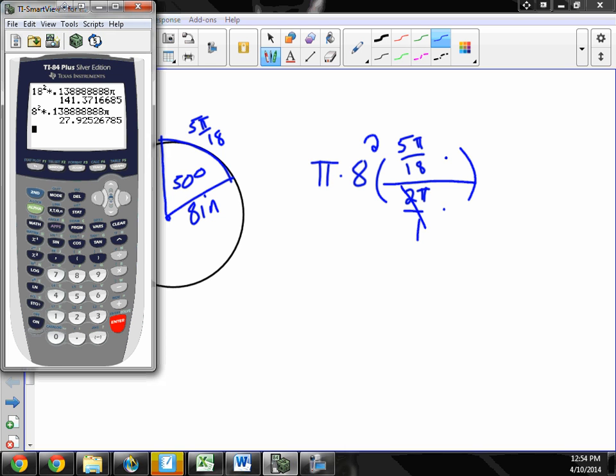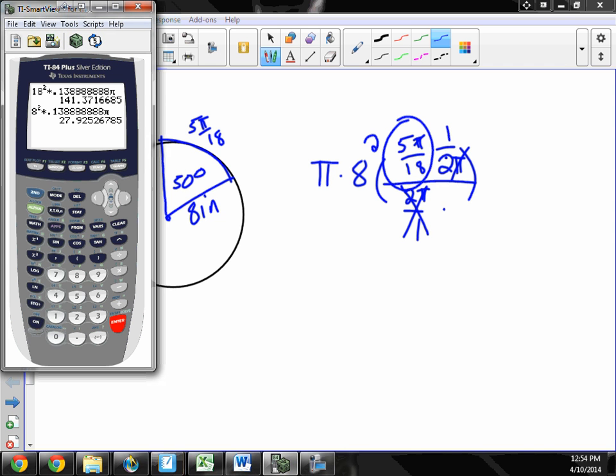If I invert this, 1 over 2 pi, pi cancels pi. So I get 5 over 18 with a 2 in the denominator.